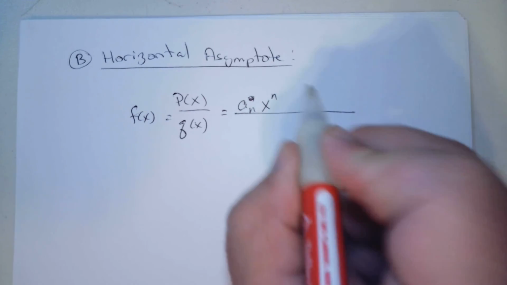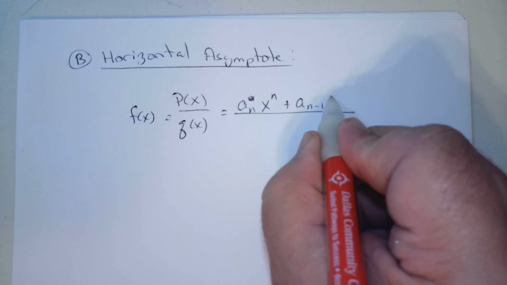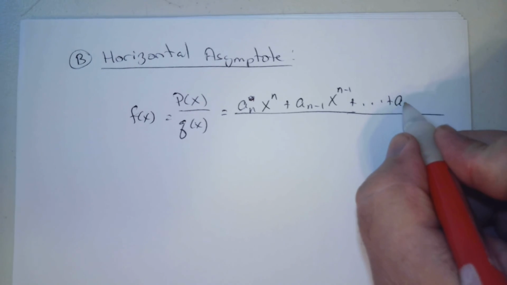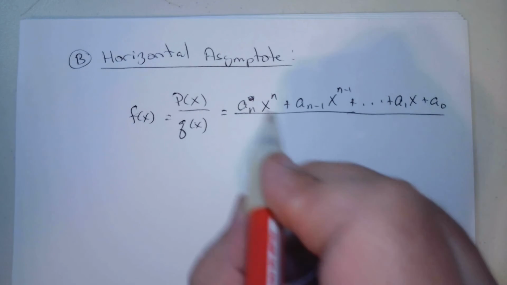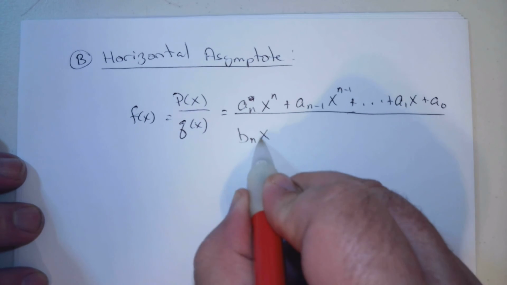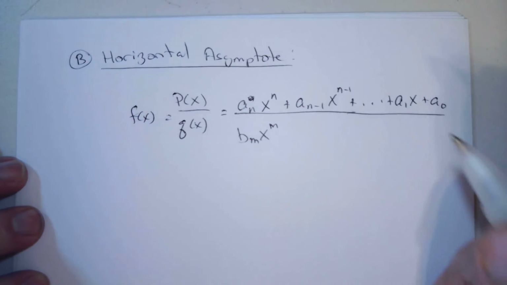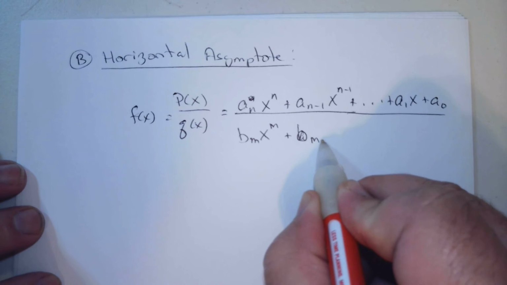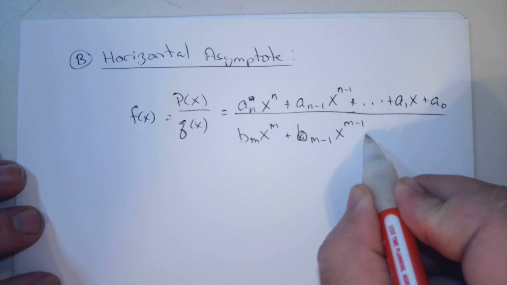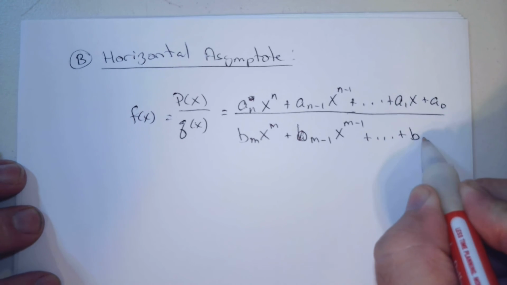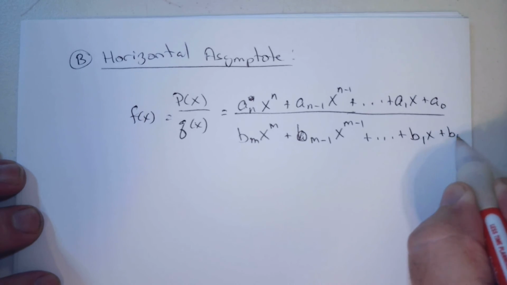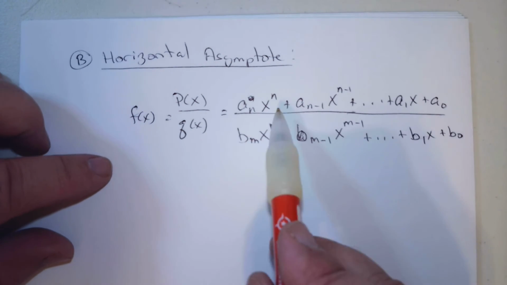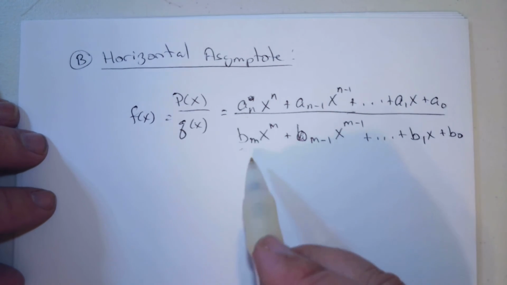On top, a sub n x to the power n, a sub n minus 1 x to the n minus 1, down to a sub 1 x, a sub 0. And the bottom, b sub m x to the m, b sub m minus 1 x to the m minus 1, down to b sub 1 x, b sub 0. So I have to make sure I differentiate the coefficients and the exponents, so the n's are on top, m's on the bottom.